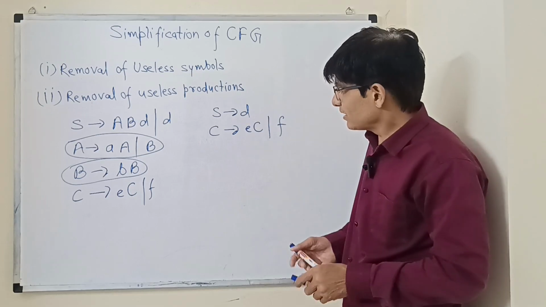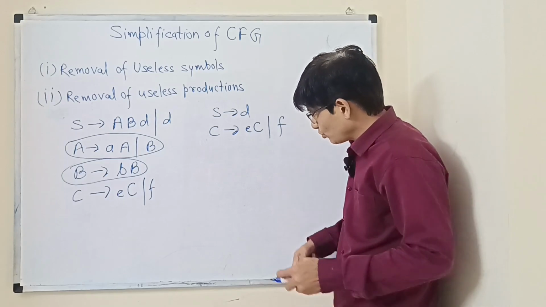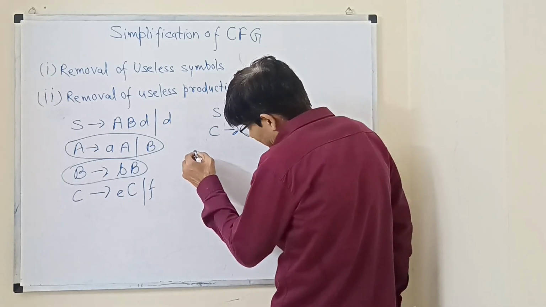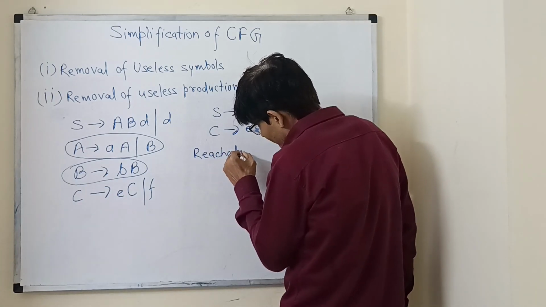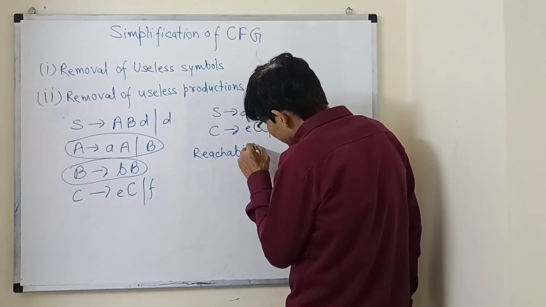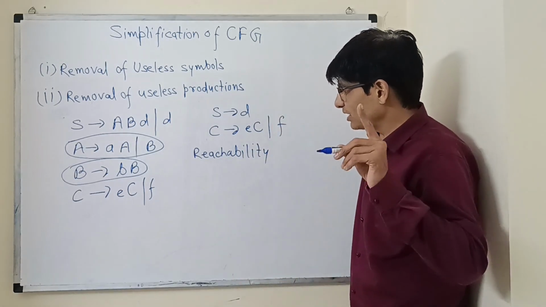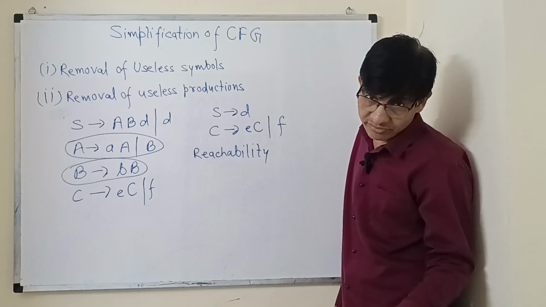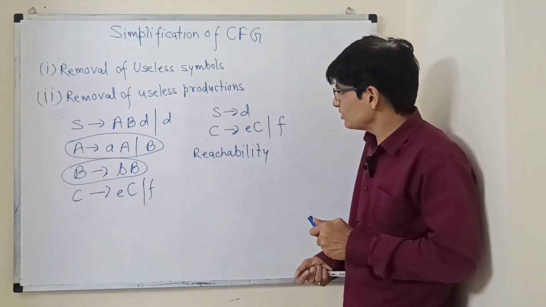Yes, we can. Now, we will apply one more criteria, reachability. On the basis of this, again we can divide the variables of grammar in two different categories. One is reachable, another is non-reachable. Now, what do you mean by reachable variable?